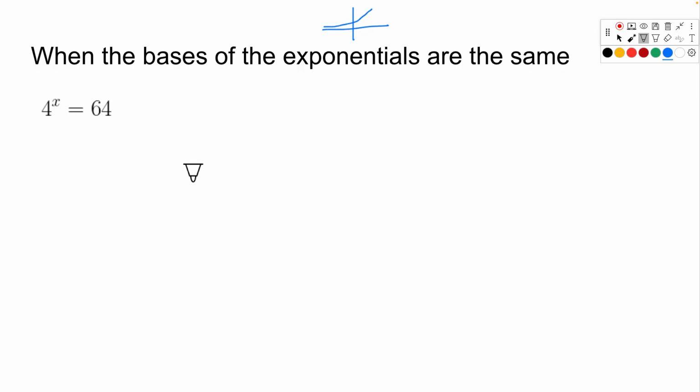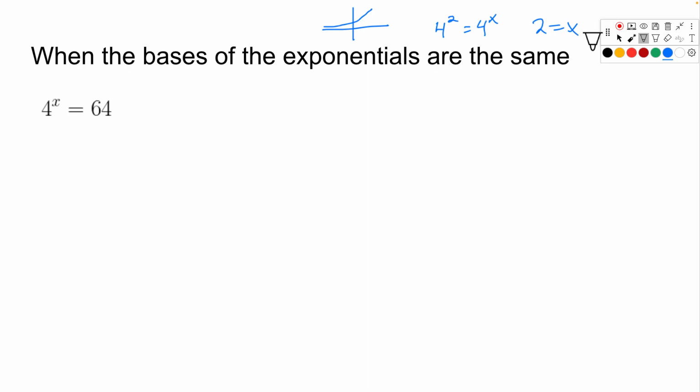Since they're one-to-one, what that means is if we have the same base, say 4 squared equals 4^x, the only way these two things could be equal, again, these are two outputs, is if their inputs are equal. So if 4 squared equals 4 to the x, then 2 must be equal to x.